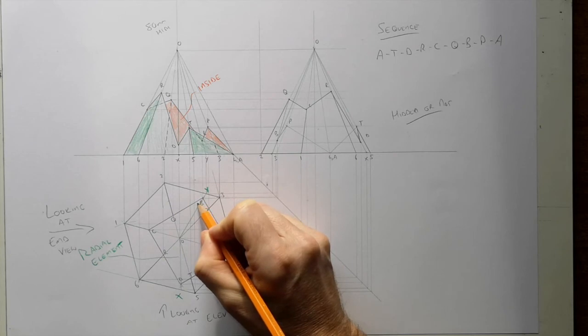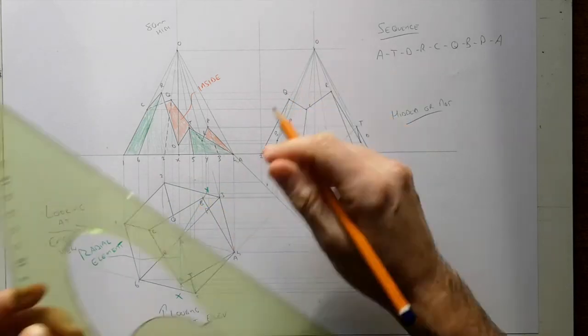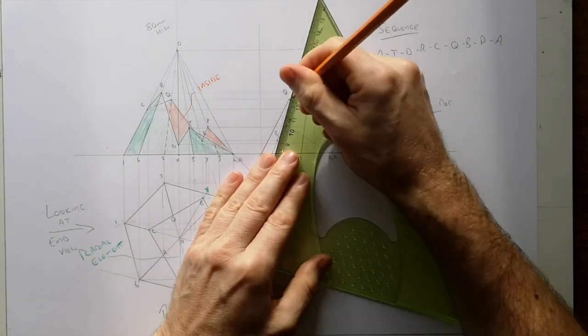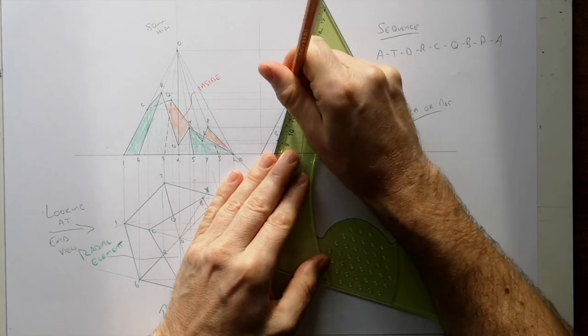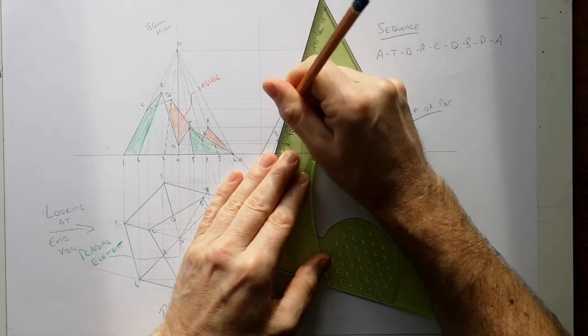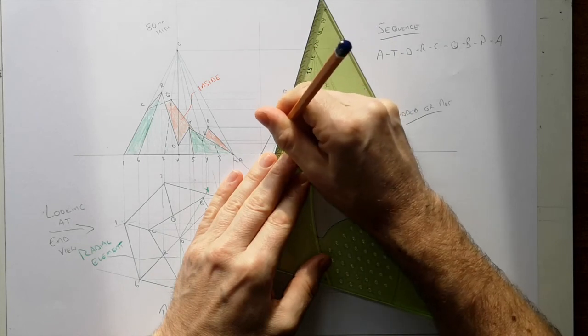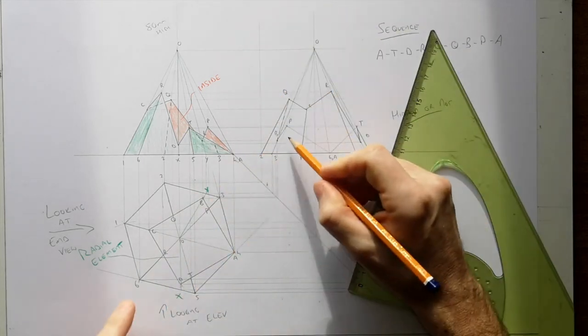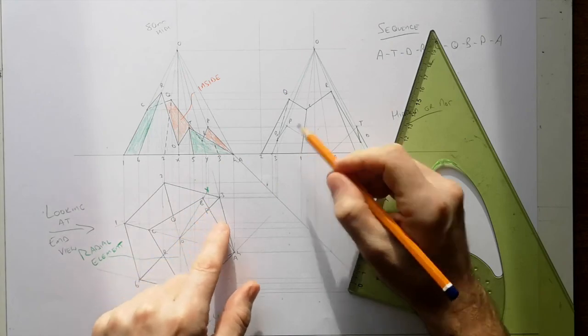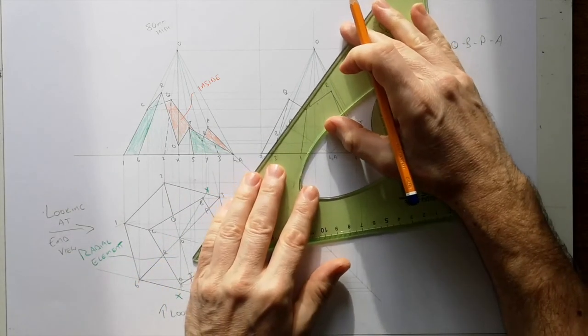Q to B, I won't be able to see. Definitely won't, because it's kind of dropped down here. Okay, so that's hidden. B to P is going to be hidden. It's fine.